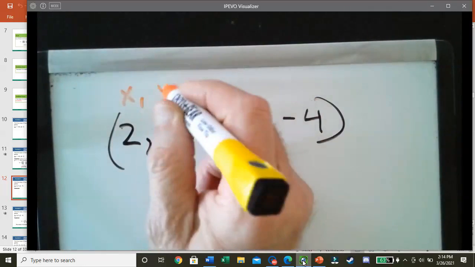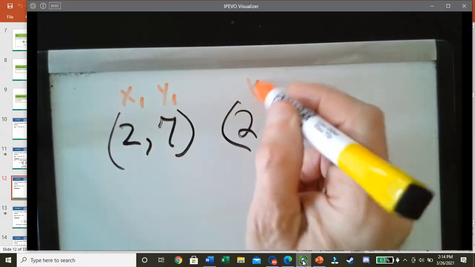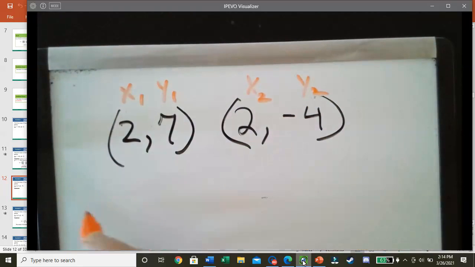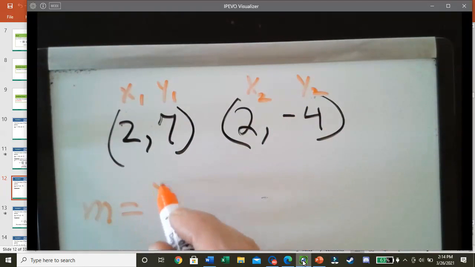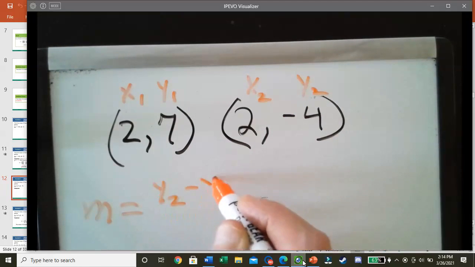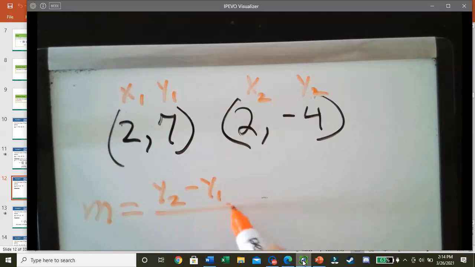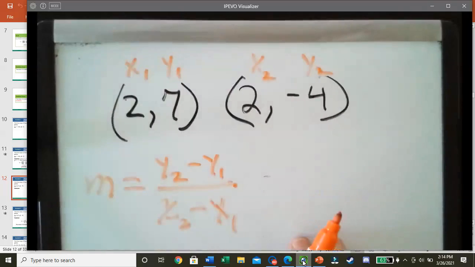So x1, y1, right? We label it x2, y2, and we put our slope of 2 points equation, y2 minus y1. Now the y's are always going to be in the numerator. The denominator is always going to be, we always put the numerator first.